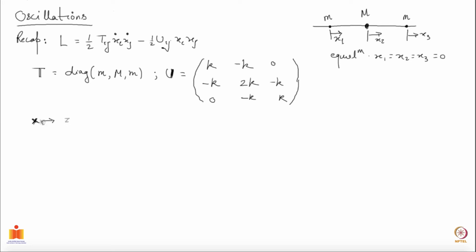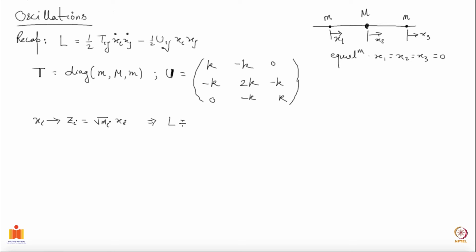Let me write it again. Xi, if I do the transformation, that instead of xi I start using zi's, which are related to the xi's by this transformation. So you just absorb the square root of mass in the corresponding x, and that is the definition of z. If you do so, then your Lagrangian becomes the following.